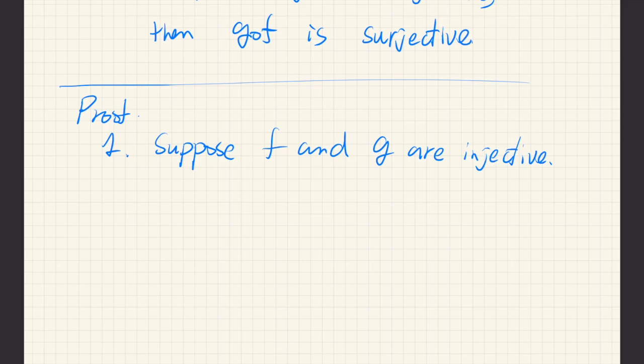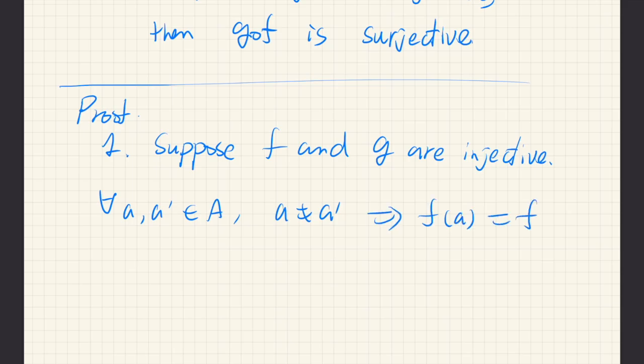That means for all elements A and A prime in A, if A and A prime are different, then f of A and f of A prime are different. Okay, so that's the definition of injection, right?